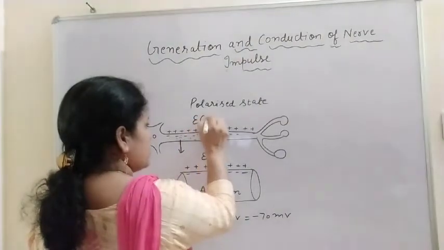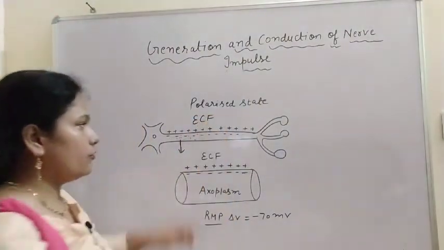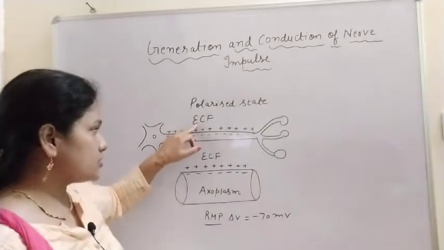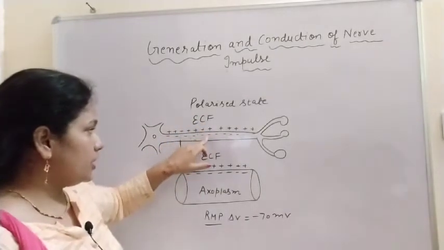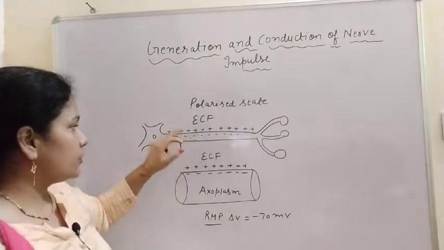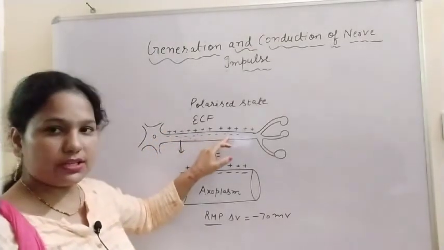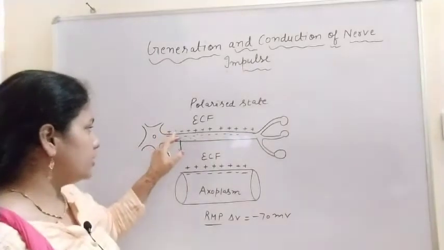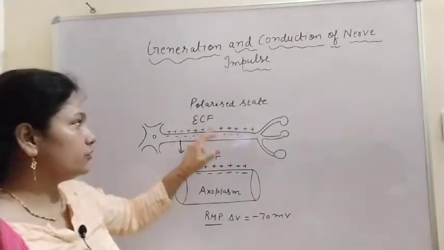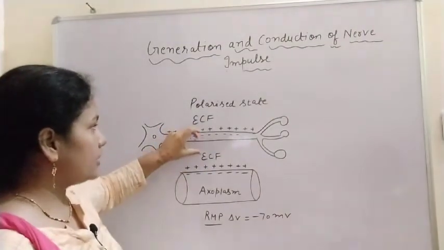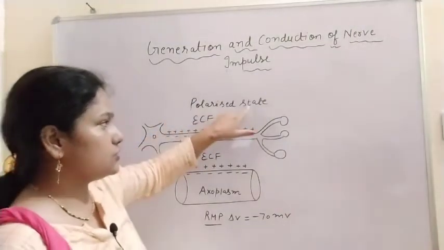Here it is the extracellular fluid, the fluid that is outside the axon. Inside the axoplasm the negative charge is present, and outside it is the positive charge. And this state of the axon is known as the polarized state.